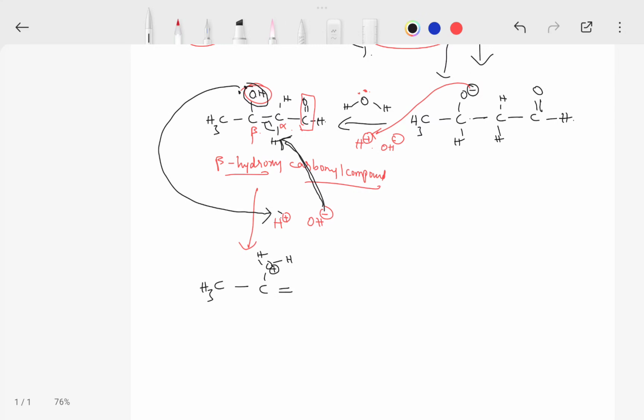Then what will happen here? C H C double bond O H. Now this H is gone here, right? This one can leave and it can form CH3 CH double bond CH C double bond OH.